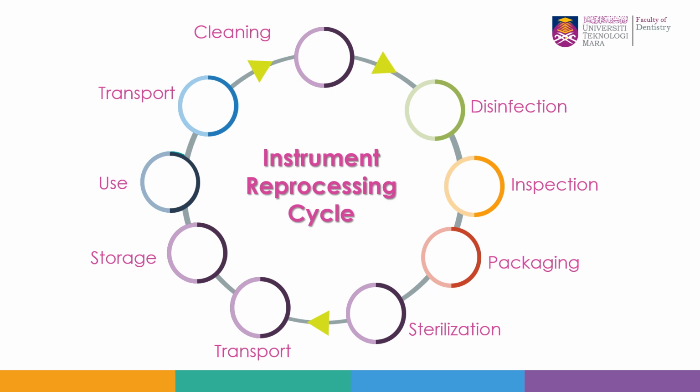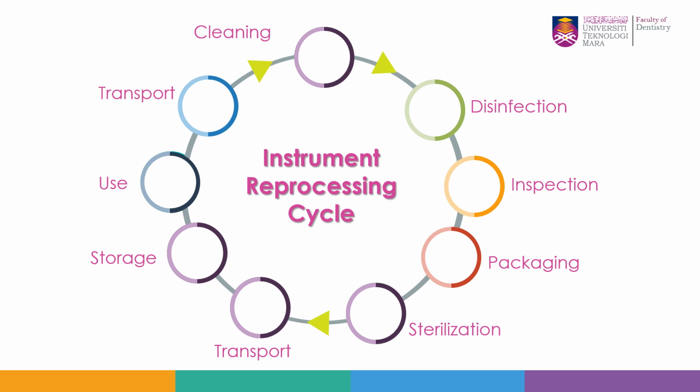What I've been talking about with the CSSU follows this cycle of instrument reprocessing. Why is it called reprocessing? Because it is processed again and again, as this is not a single use item. When the instrument is used, as on your left here, once done it will be transported to the CSSU or any sterilization room for cleaning.